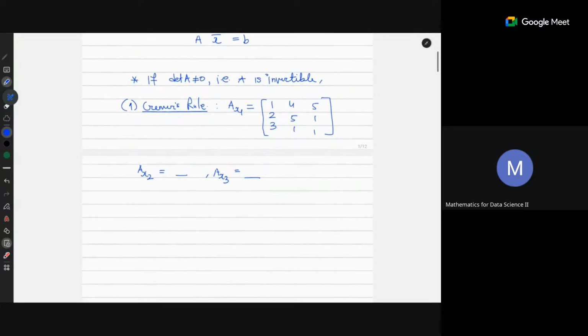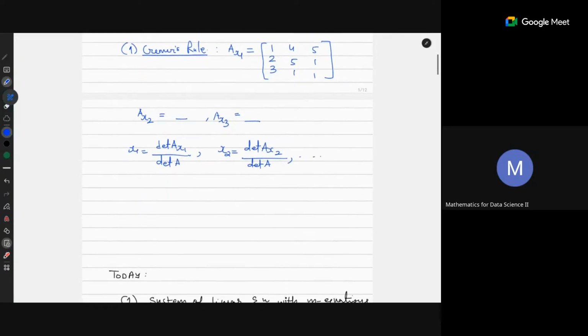Once you have these A_Xi, you can find x1 as the determinant of A_X1 divided by the determinant of A. x2 will be again the same, and so on.